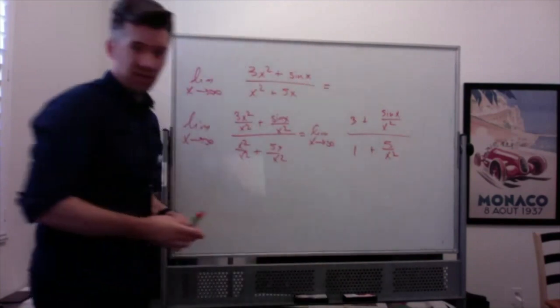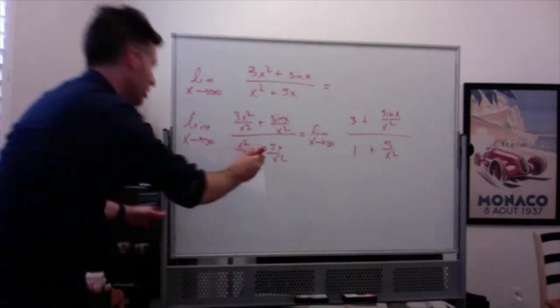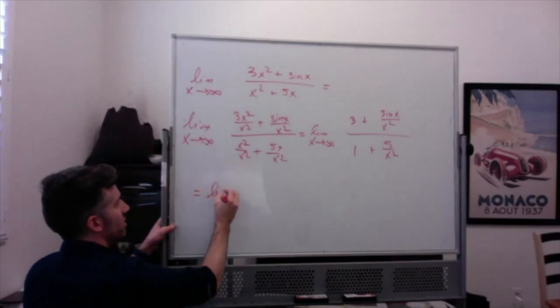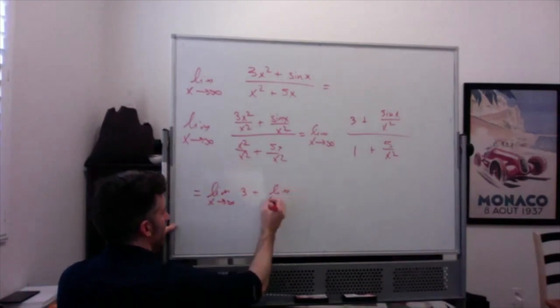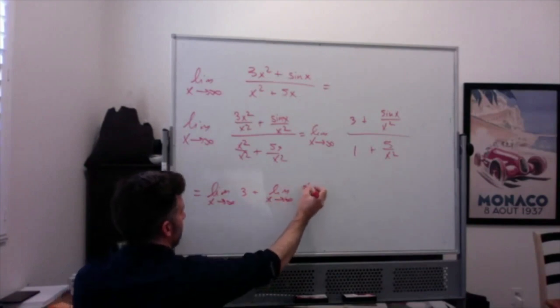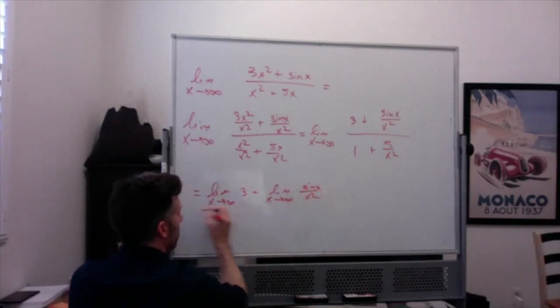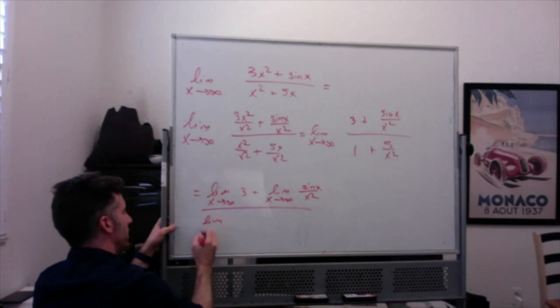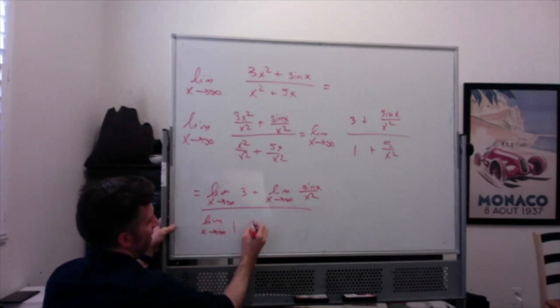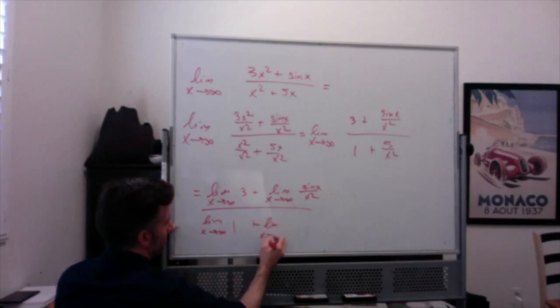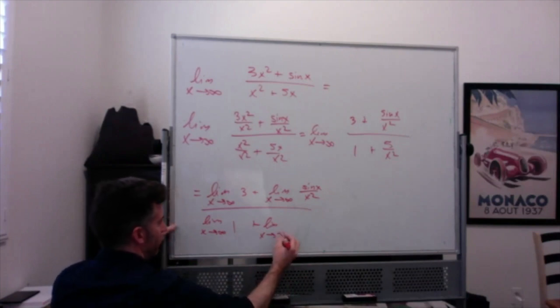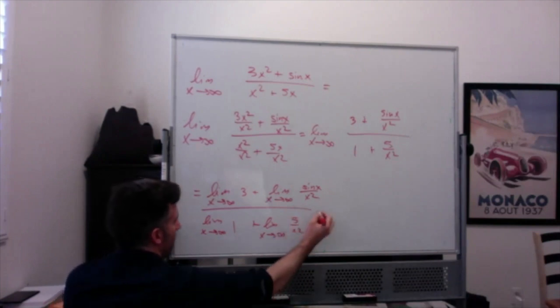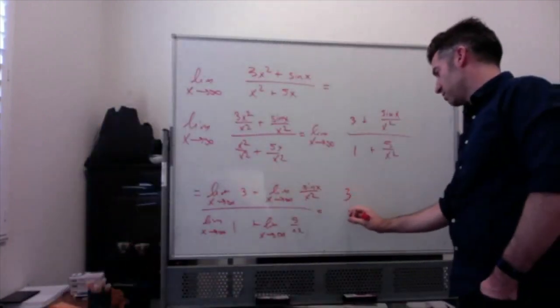I would go to the limit rules here and say, oh, this is equal to the limit as x goes to infinity of 3 plus the limit as x goes to infinity of sine x over x squared, over the limit as x goes to infinity of 1 plus the limit as x goes to infinity of 5 over x. And then I would say, I know the limit of a constant is the constant.